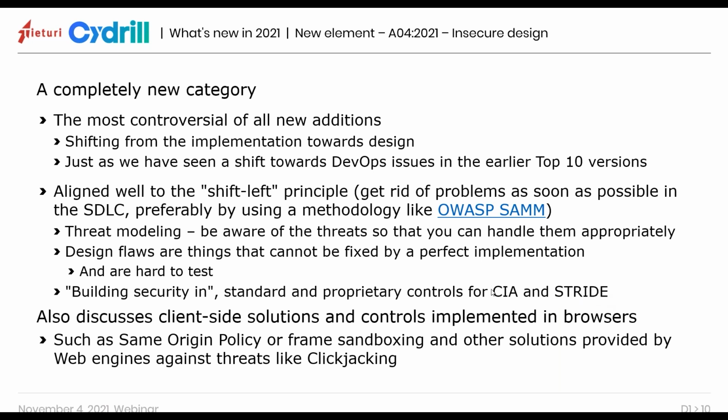So I'm not talking about these in detail. This is just some best practices that should be used in this category. And even more importantly, it is important to adopt some sort of secure software development methodology like the OWASP Software Assurance Maturity Model, or SAMM. And as a side note, this category also contains issues and solutions that are not on the web application side, such as the same origin policy in browsers.